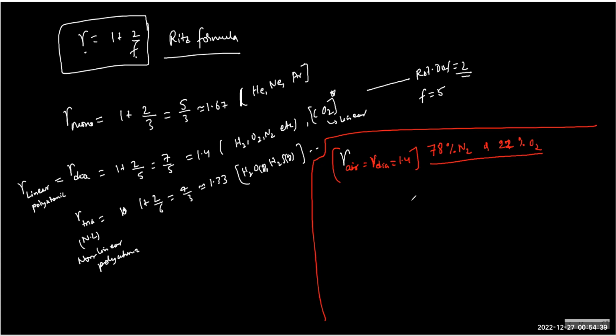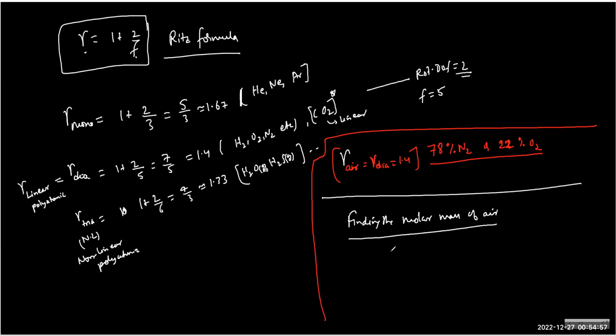Now you need to know certain calculations in order to solve questions, like finding the molar mass of air. For a pure element, we know the molar mass; generally it's given to you. But what if we have a mixture of gases and we are supposed to find the molar mass?